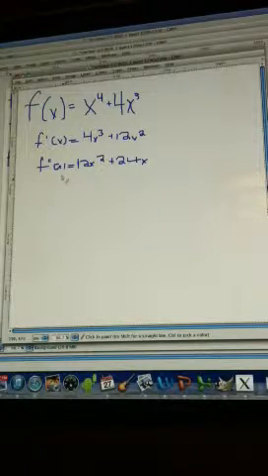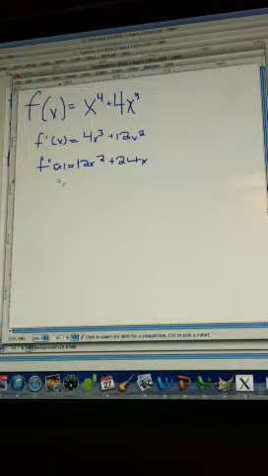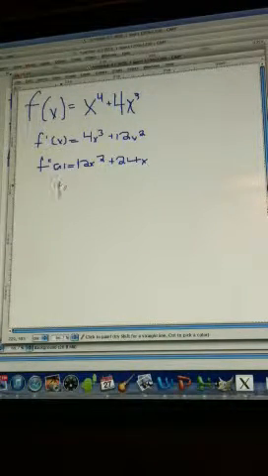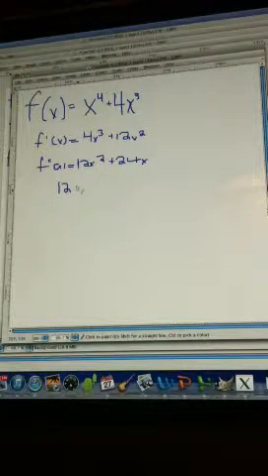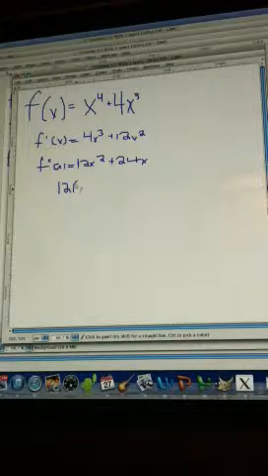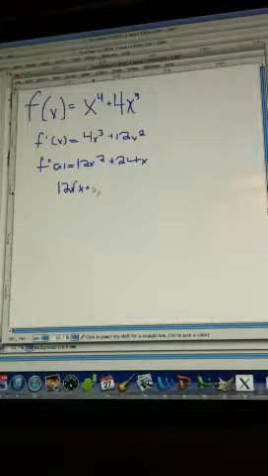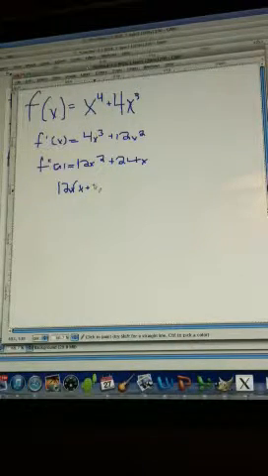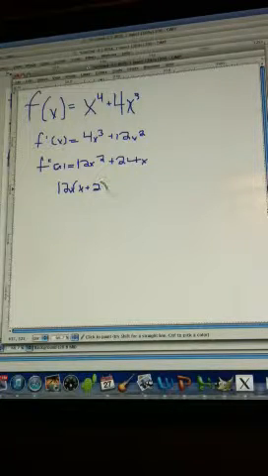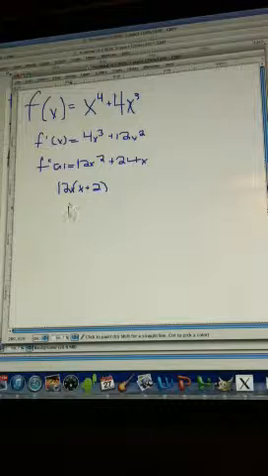Then you're going to want to set that equal to 0 so you can factor out a 12x. So that would leave you with 12x times (x plus 2). Then you set that equal to 0 to find your zeros.